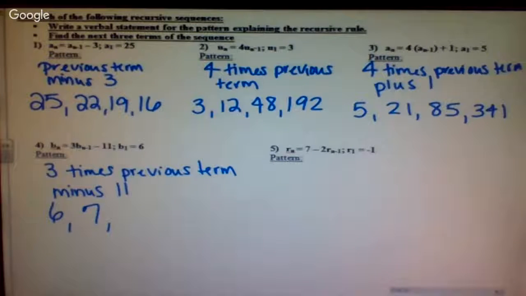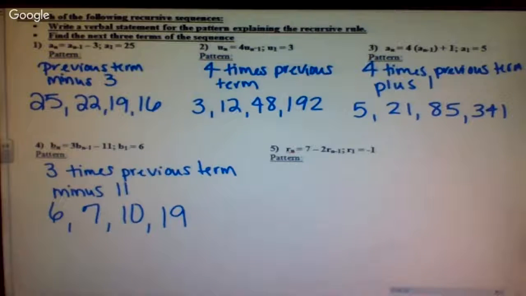I like the mental math there, Trey. 10. 7 times 3 is 21 minus 11 takes me to 10. 19. 3 times 10 is 30 minus 11 is 19.